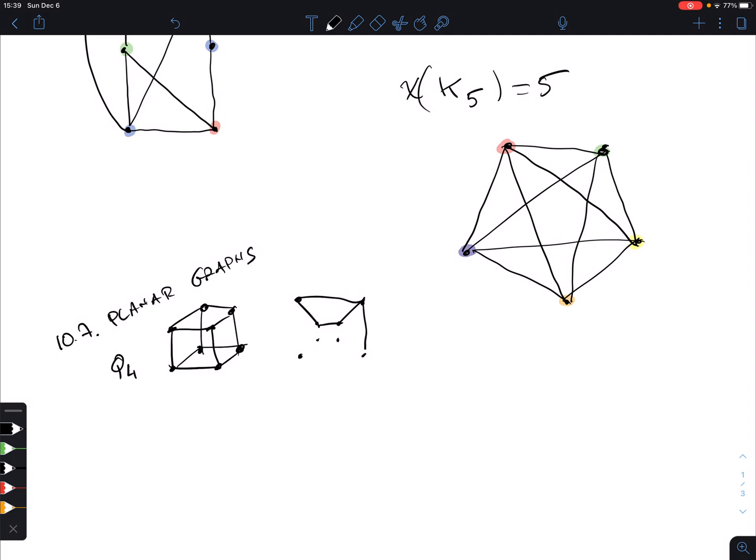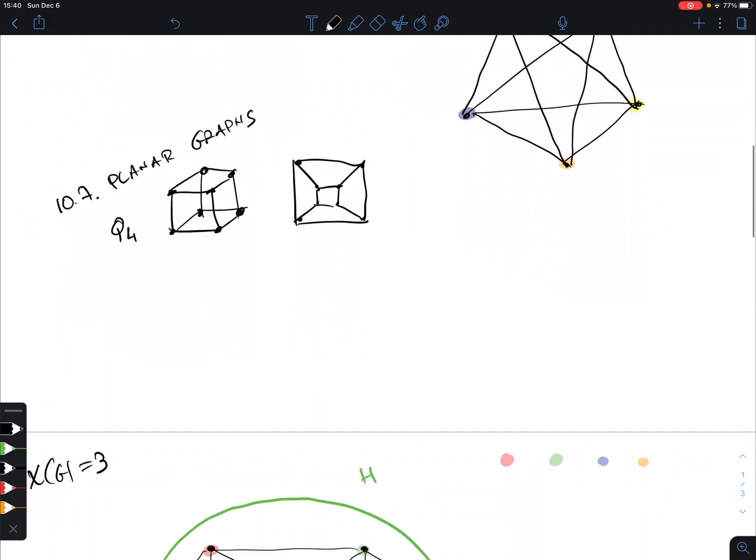You have to think a little bit about it. It's not obvious that this is the same graph, but if you look at it long enough, it is. You could think of it as looking at the cube from the top with a certain kind of perspective. Okay, so planar graphs is not an easy thing, and that's why I didn't do 10.7.